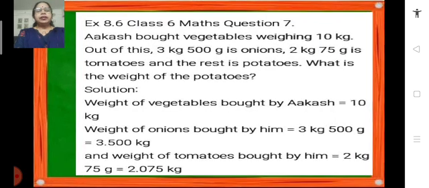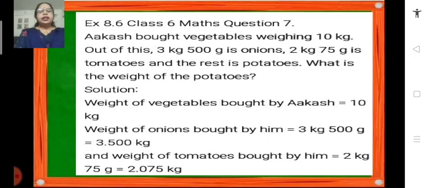Question number 7. Akash bought vegetables weighing 10 kgs. Out of these 3 kg 500 grams is onions, 2 kg 75 grams is tomatoes, and the rest is potatoes. So what is the weight of potatoes?